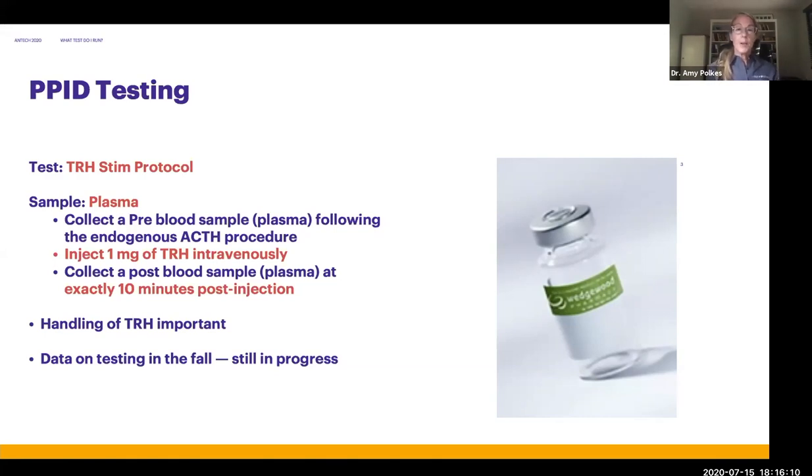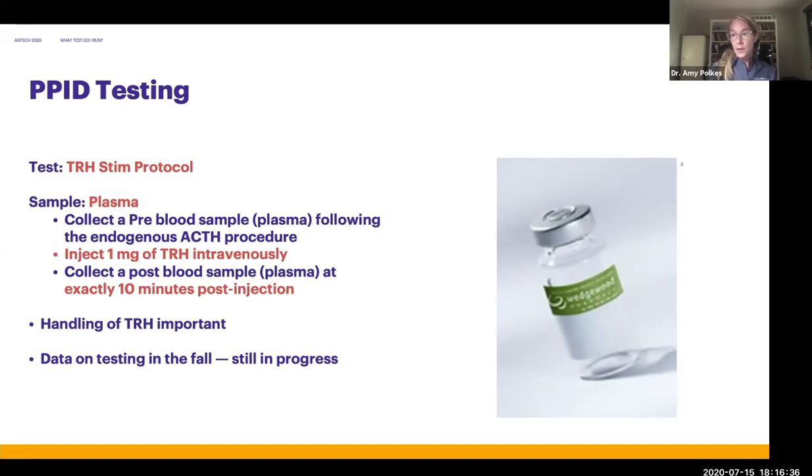And when I say the handling of the TRH is important, you want to make sure that your actual TRH is viable. Otherwise, you're not really sure whether the test is going to be accurate. So if you are getting a larger vial and you don't use TRH that much, it has been recommended that you can pull out 1 ml aliquots and freeze them and just take them out as you're going to use them.